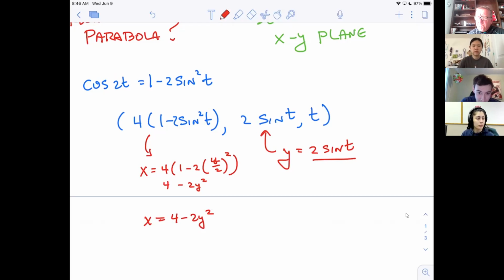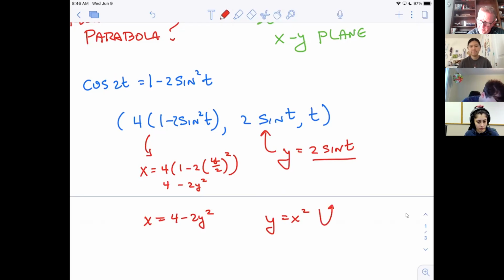Do you remember what that looks like? Well, notice you see one is squared, one is not. So now it's sort of clear it's a parabola. But notice, what's the difference between the y is not squared and the x is? What do those parabolas look like when you have a y that's not squared but an x that is? Isn't it open to the left or right? Exactly.